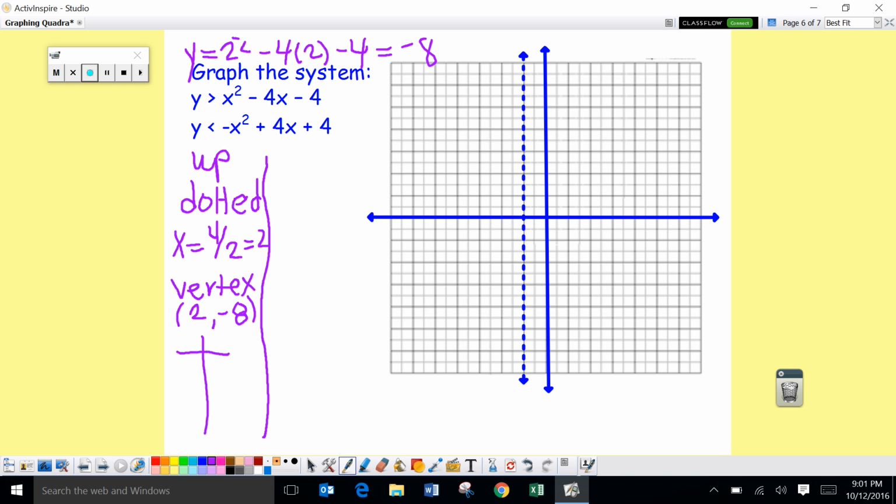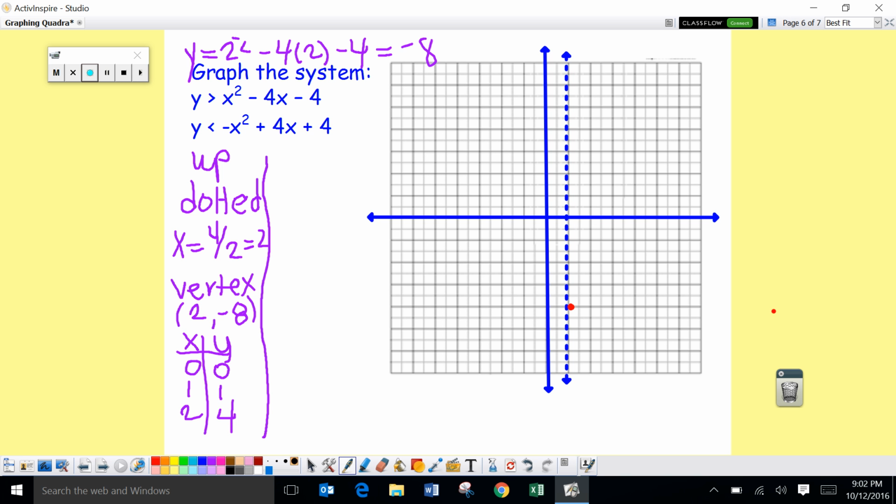Now I'm going to do my parent function table at 0, 1, 2, and 0, 1, 4. And I don't need the third column because my leading coefficient is 1. I'm going to graph at positive 2, negative 8. My axis of symmetry is at positive 2, and then I'm going to do negative 8.